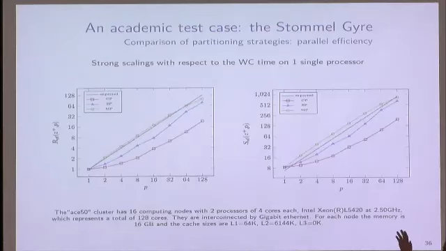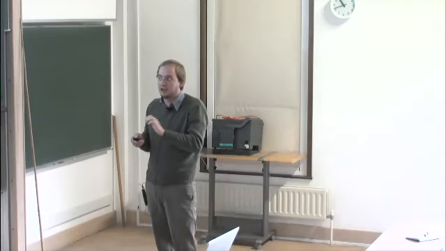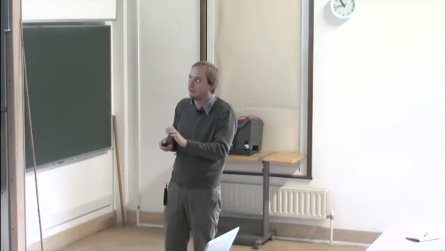So you see that the multi-constraint partitioning is the most efficient. Actually, here on your left, this is pure speedup compared to the actual multirate time taken on one single processor.